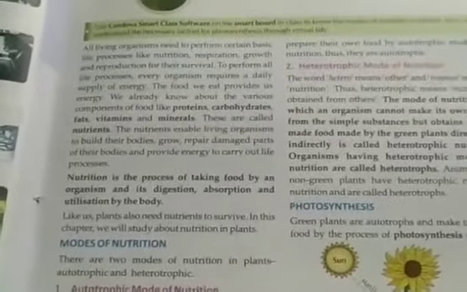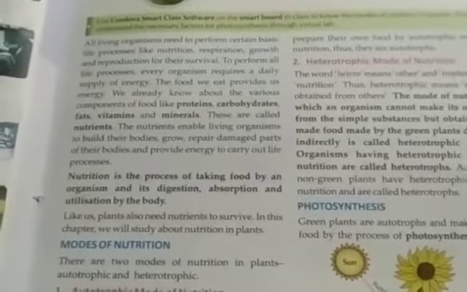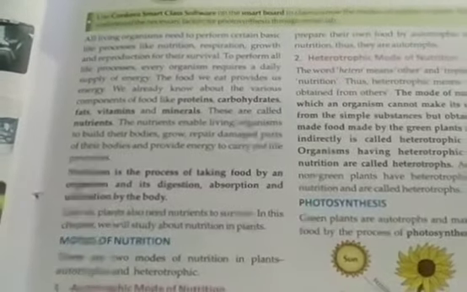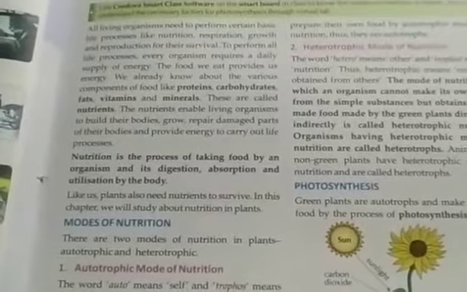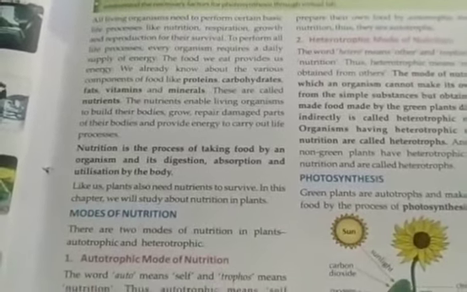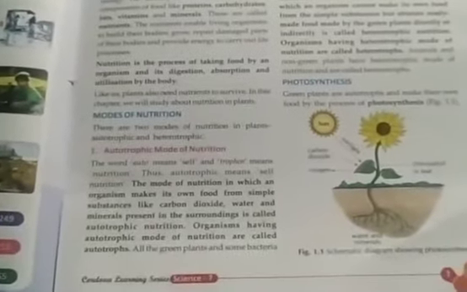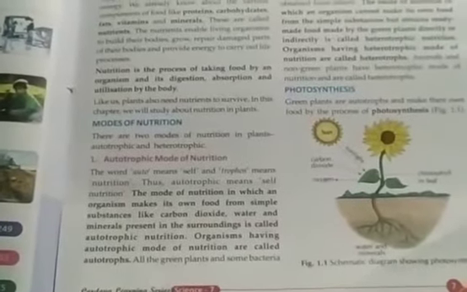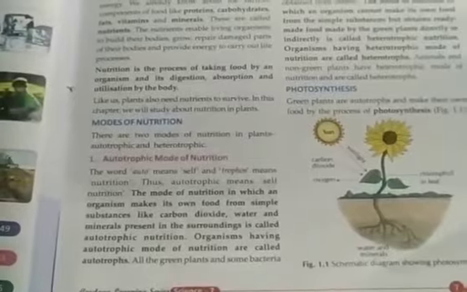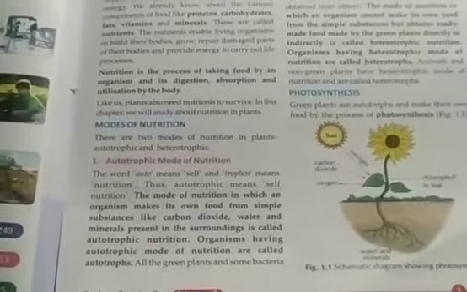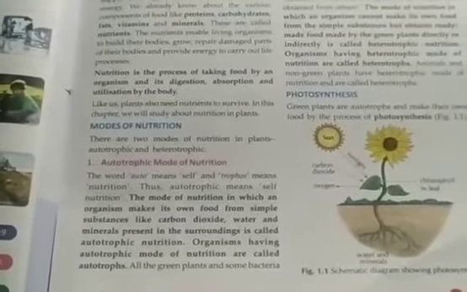Okay, so let's now study plants and learn about the various modes of nutrition that a plant uses. So basically there are two basic modes of nutrition in plants. The first one is autotrophic and the second one is heterotrophic.